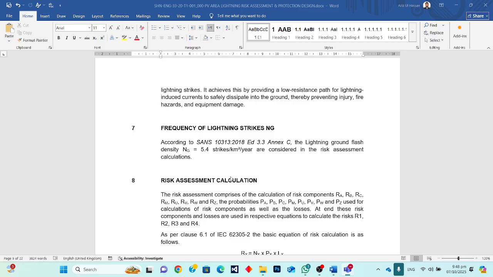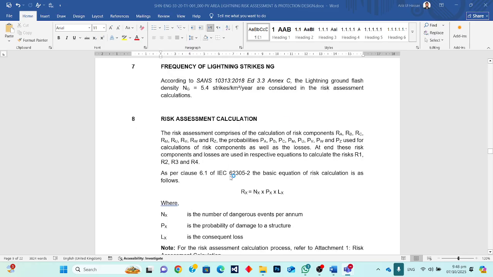So now we move on to our risk assessment calculation. The risk assessment calculation of the risk components like RA, RB, RC, RM, RU, RV. These are the components, on the basis of the probabilities, that we have to calculate. So here is the formula for the risk assessment calculation. Rx is equal to Nx, Px and Lx. Basically, P is the probability, L is the loss, and R is the risk component.